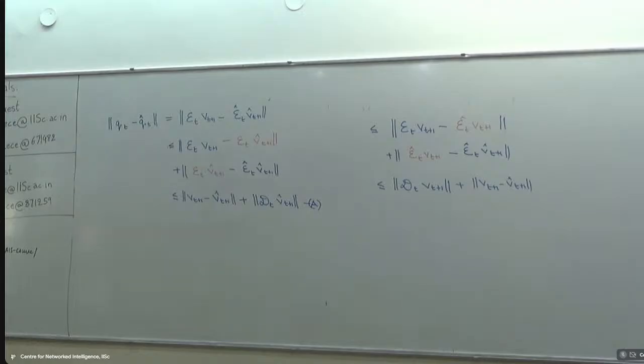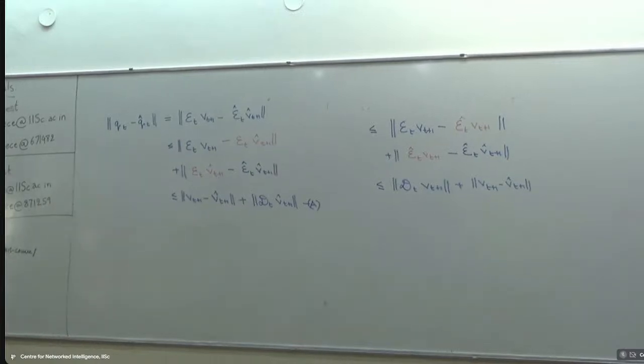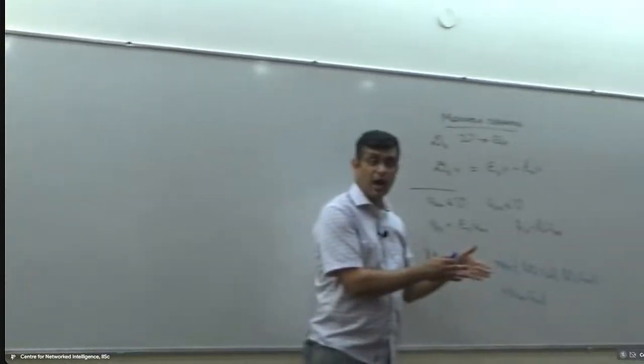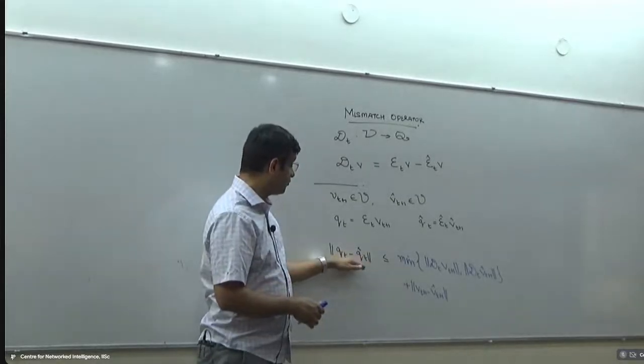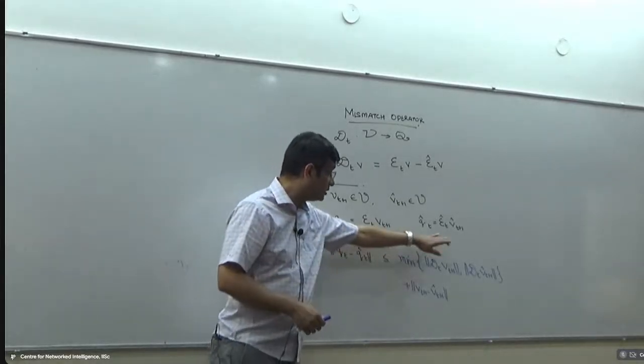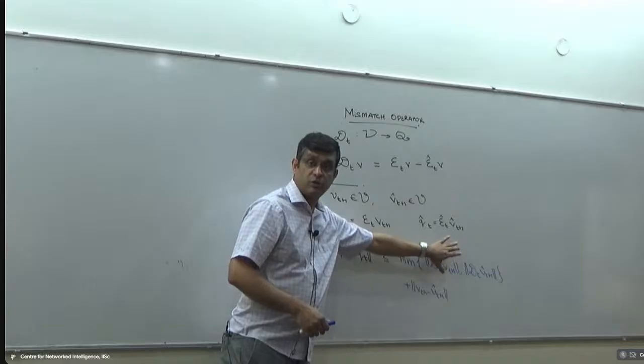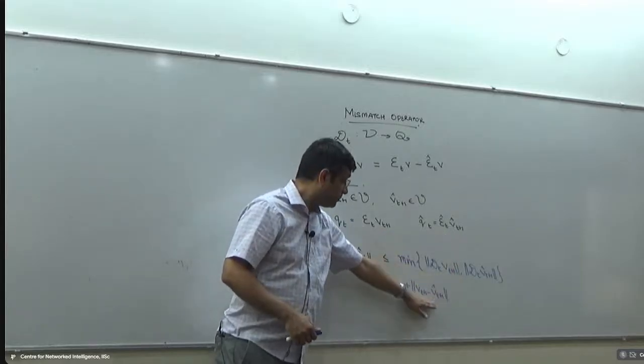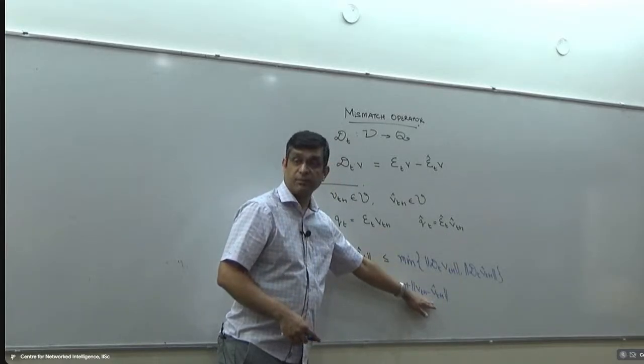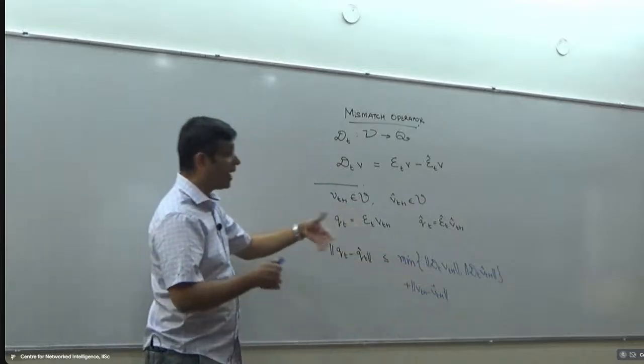So, I have a way that when I go from value functions which differ by something and I apply the environment operator on both of them, the Q functions will differ by no more than something which depends on this norm of the mismatch operator plus whatever was the error in the initial time. This is going to be my basic recursion step.